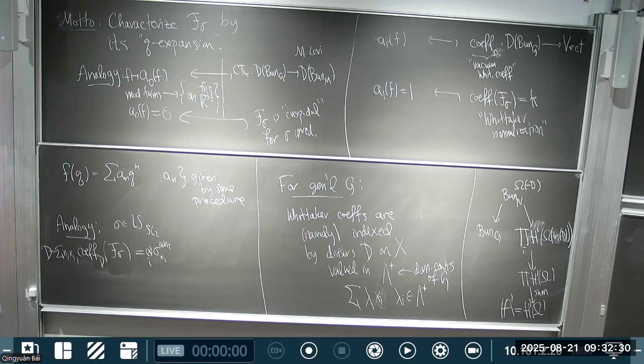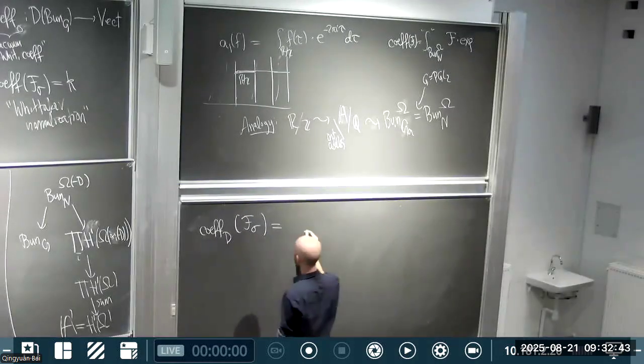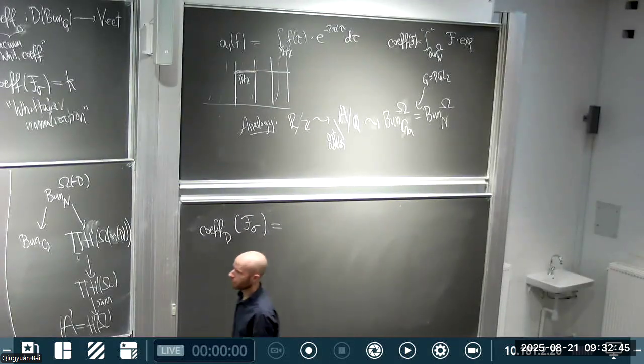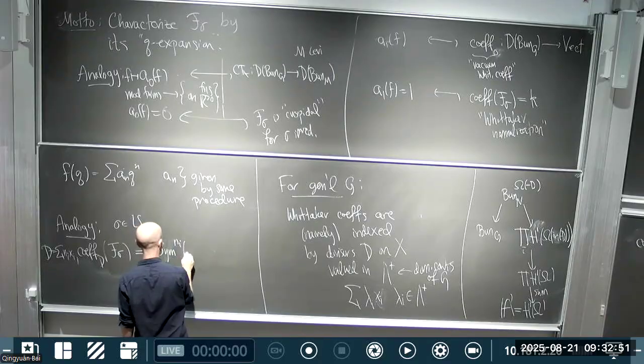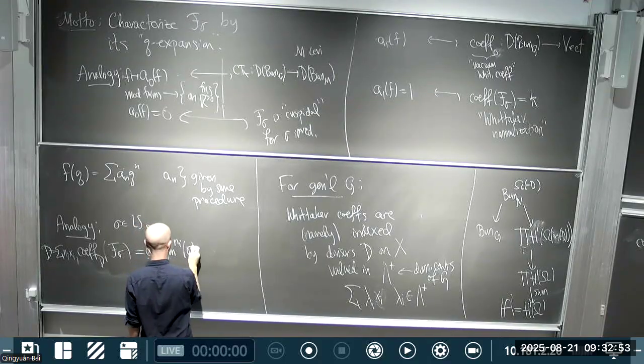Yeah, and let me just say, I guess just to conclude this thought, now what's happening for general reductive groups is that if I take this coefficient functor of my F sigma, the generalization of the, oh no, I wrote the formula wrong for the Whittaker coefficient of sigma.